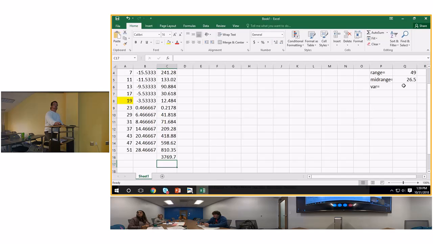That's 3769.7 divided by, what is 15 minus 1? 14. There's your variance, and your standard deviation is equal to that square root, or raise it to the 0.5 power. And that's your standard deviation.